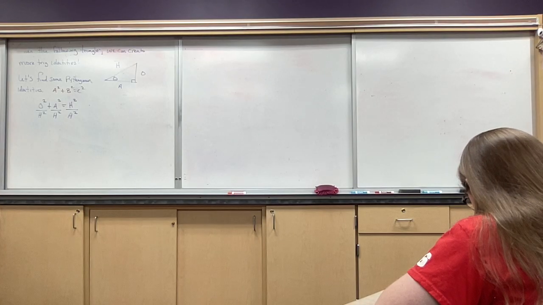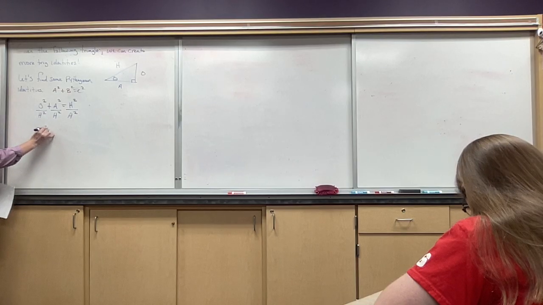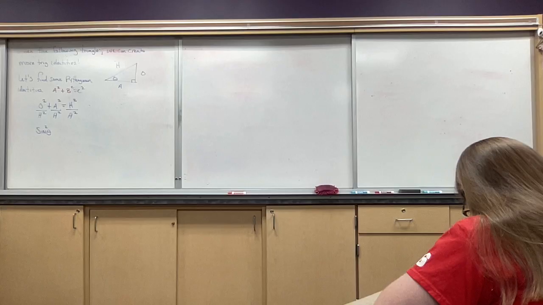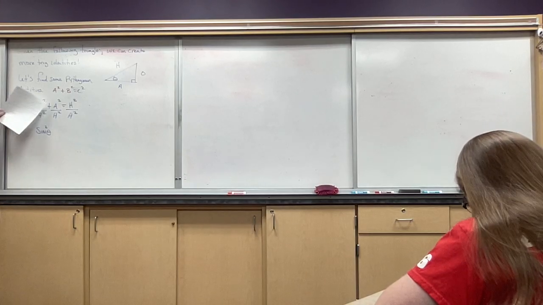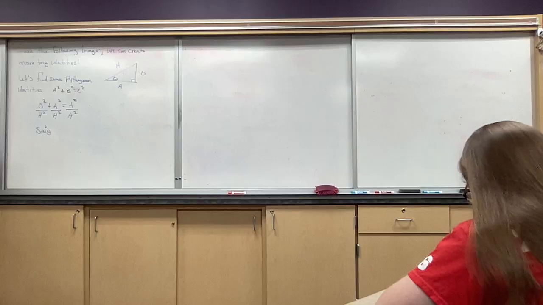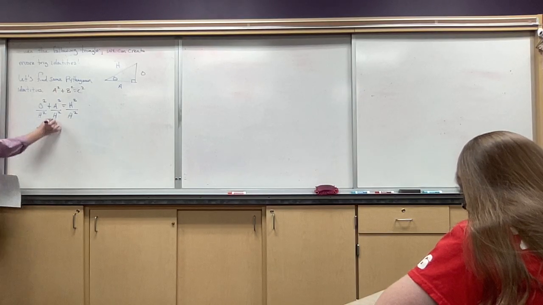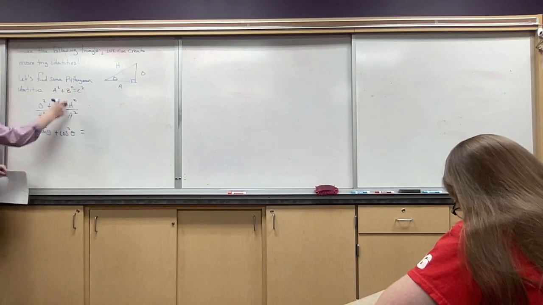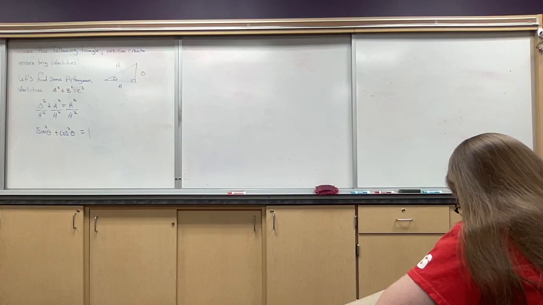Sine. So I can change this to sine squared of theta. Adjacent over hypotenuse, what trig ratio uses that? Cosine. So this transforms to cosine squared of theta. H squared over h squared is 1. There's one of our identities.